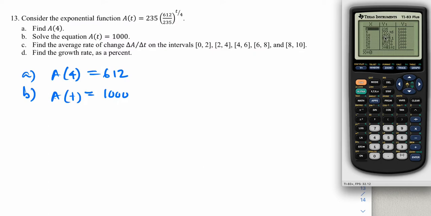So let's graph this on the interval from 0 to 10. X min 0, X max 10, run zoom fit, and we should see that intersection point.